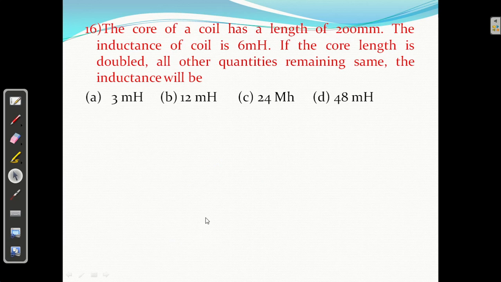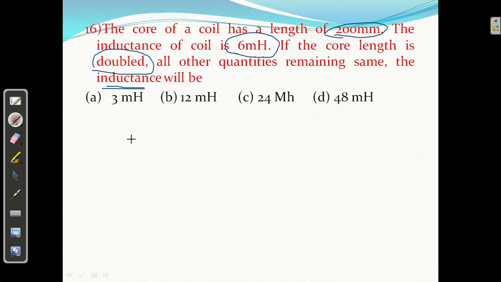Next question number 16. A core of a coil has a length of 200 millimeter. Length is given, 200 mm. The inductance of the coil is 6 millihenry. L is given. If the core length is doubled, all other quantities remaining the same, what will the inductance be?